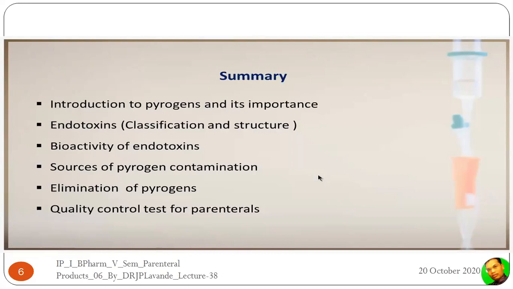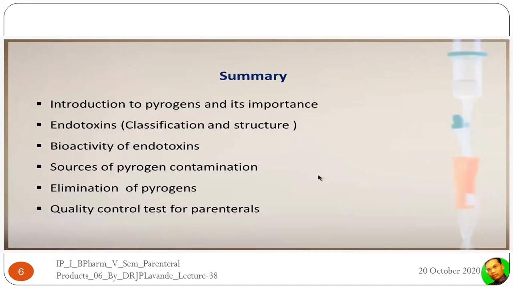And last but not the least, we had gone through the various kinds of quality control tests for the parenteral, in which we saw the rabbit test, then the LAL test, then the particulate matter and the clarity test.